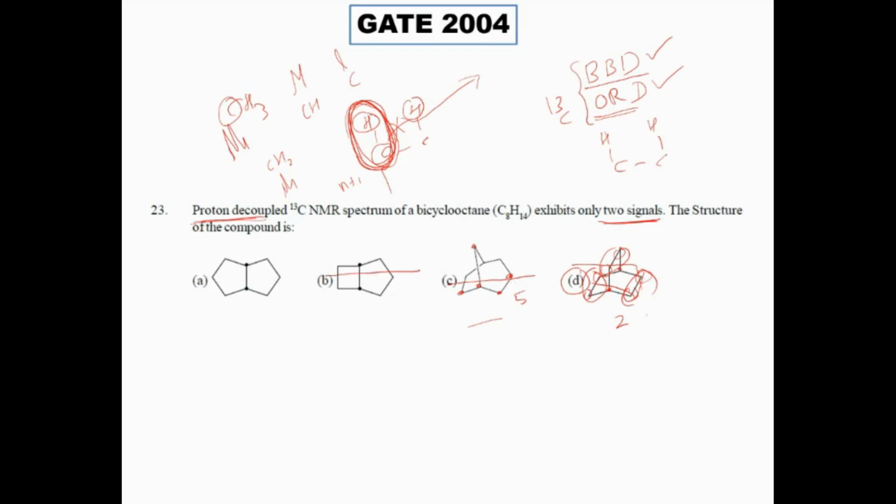If we cut it, 1 2 3 4. Very good, 4 signals. How many signals in A? 3, ma'am. I can cut the molecule like this, so I have 1 2 3. So the answer is option D, because the others give 3, 4 and 5, and only D gives 2 signals. Very good.